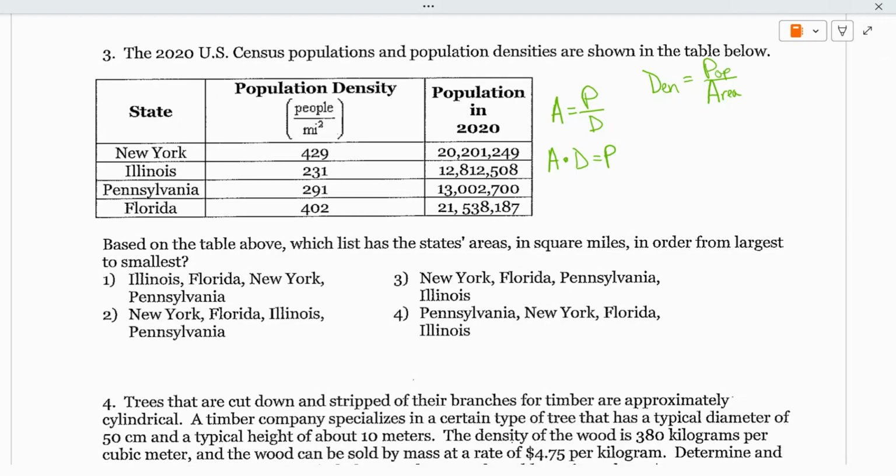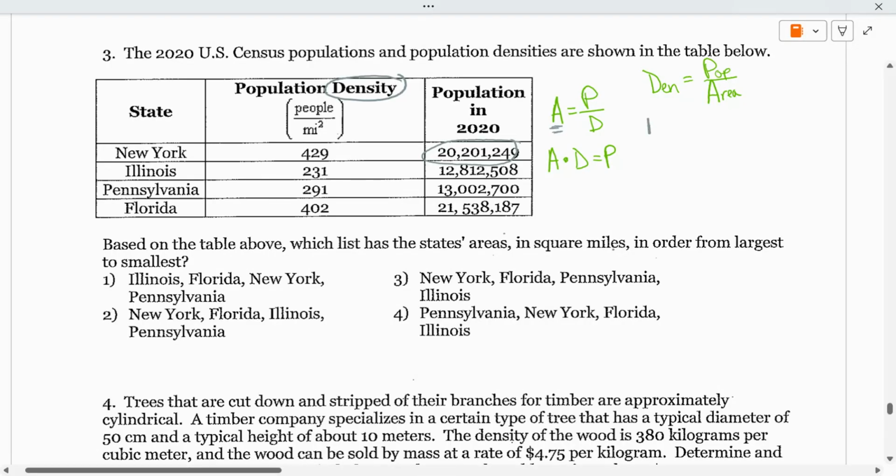So based on the table above, which list has the state's area in square miles in order? We have to list the state's areas in square miles in order from largest to smallest. So here's what we have. We're given the density and we're given the population. We have to calculate the area of each one of these states, right?